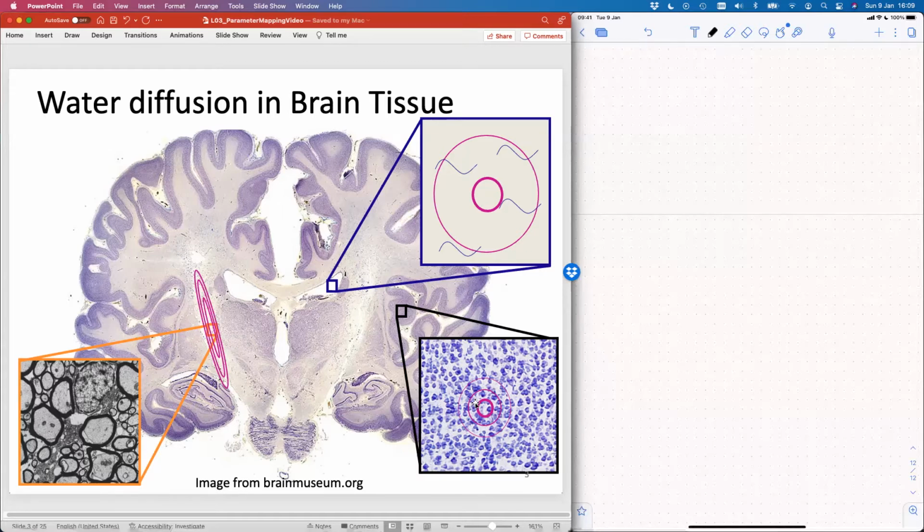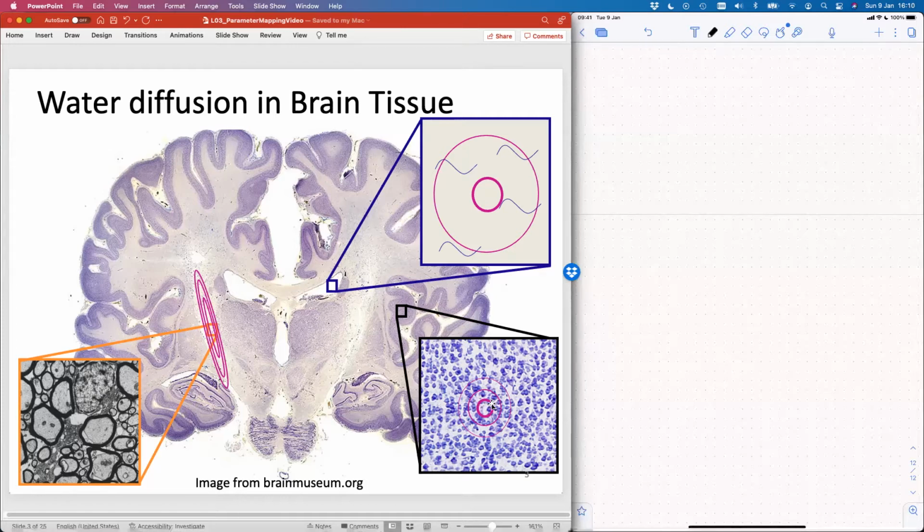The final class of tissue is grey matter. So this has a much less coherent structure than white matter, at least at the scale of MRI voxels. It tends to consist of a kind of tangle of cell bodies and processes with no coherent organization.